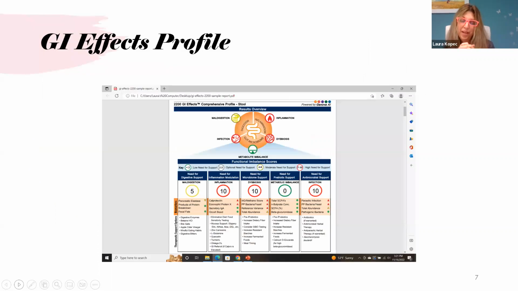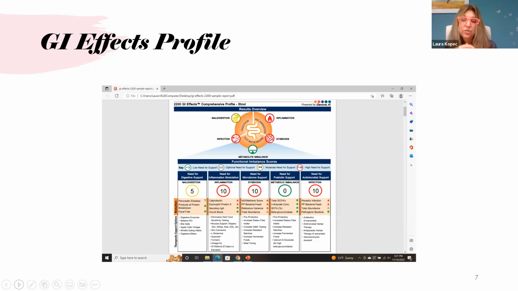This is one of my favorite functional panels. This is called the GI Effects Comprehensive Profile. My favorite of this version is the 3-day collection. This is put out by a company called Diagnostics. And you can see from the cover page, there's a lot of looking at the function, right?